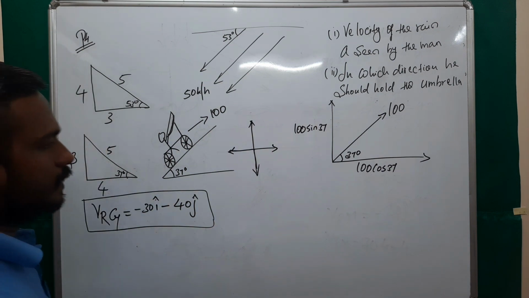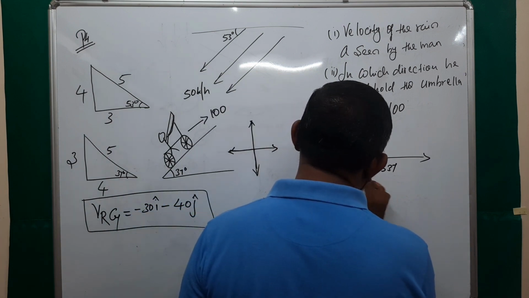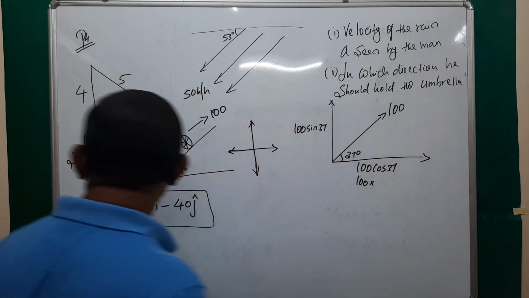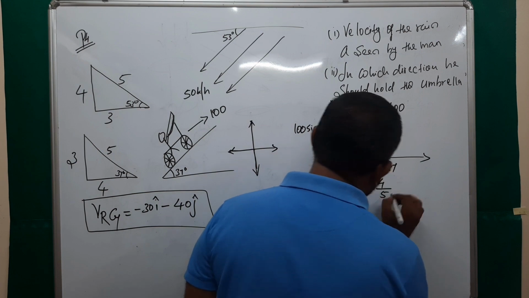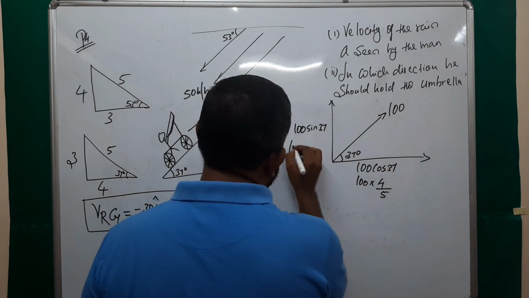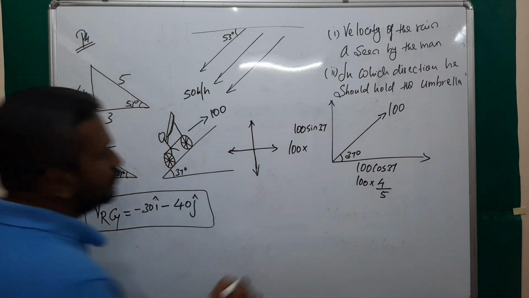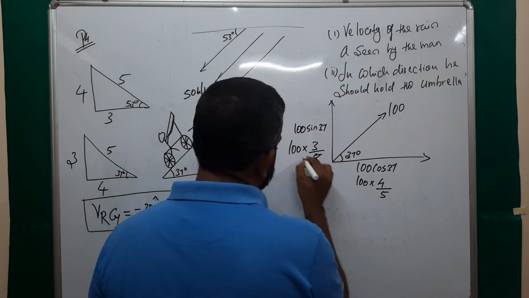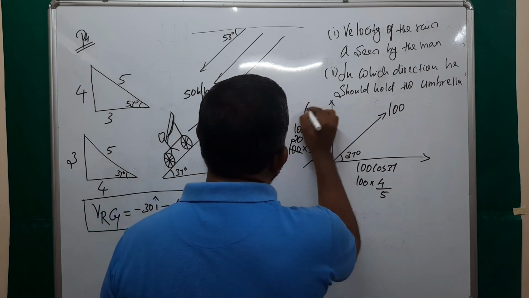So 100 into cos 37, adjacent side by hypotenuse, that is 4 by 5, and 100 sin 37, opposite side by hypotenuse, that is 3 by 5. So 20 into 4 is 80, and 20 into 3 is 60.